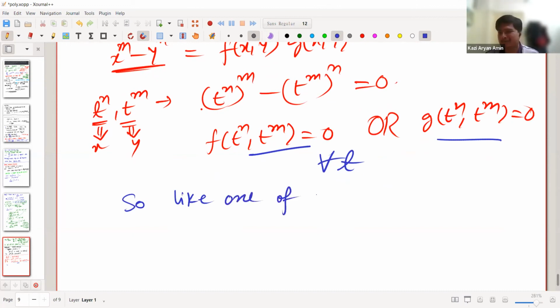So one of the above holds for infinitely many t, by the pigeonhole principle.